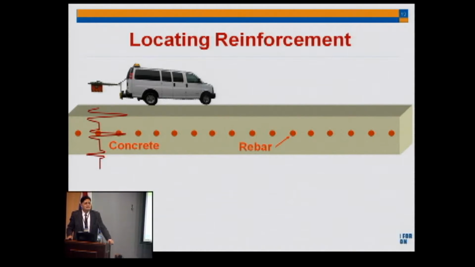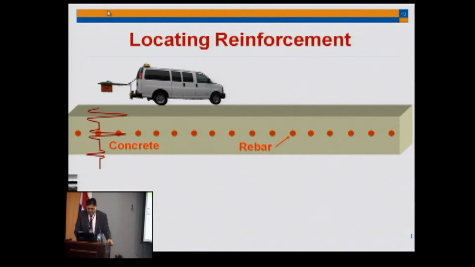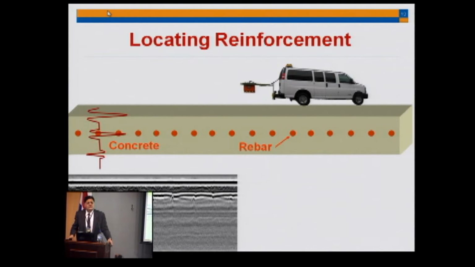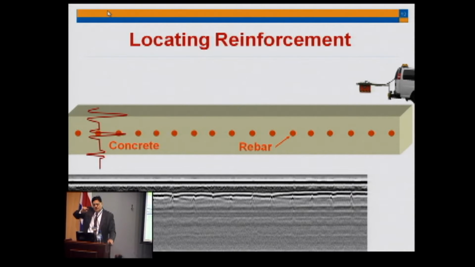So let's look at the detection of the reinforcement. These are very, very simple to detect. If you have the radar or the GPR vehicle driving on top of reinforced concrete with rebars, as it's moving, you will start having these concave shapes underneath, and this is because of a complete reflector.